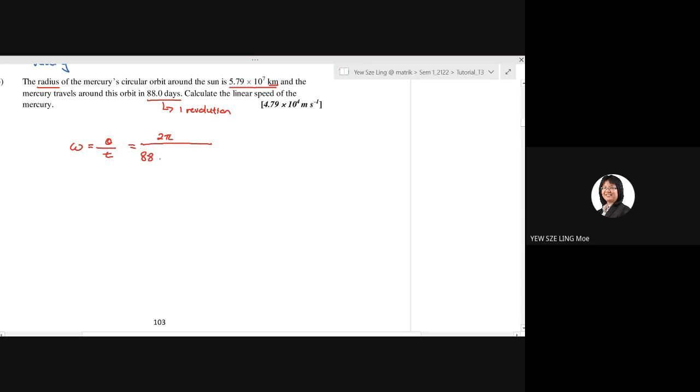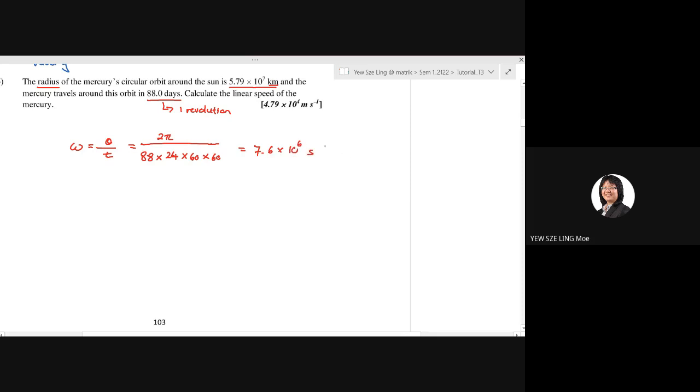So 1 day is how many hours? 24. 1 hour is how many minutes? 60. 1 minute is how many seconds? 60. So that is how you do unit conversion. 88 times 24 times 60 times 60. So you will get, I think, 7.6 times 10 to the power of 6 seconds.